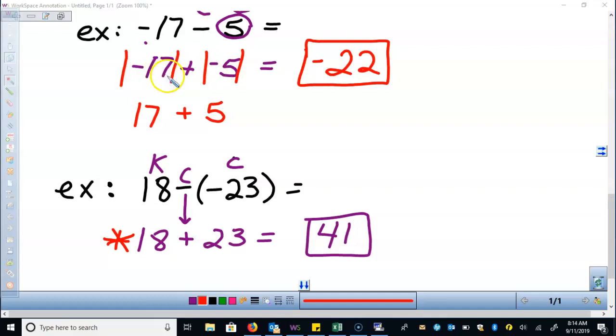After you keep, change, change, this goes bye-bye. Okay? That's gone after you keep change. Yes, it was. But we had to keep change because subtraction is the same thing as adding the opposite.